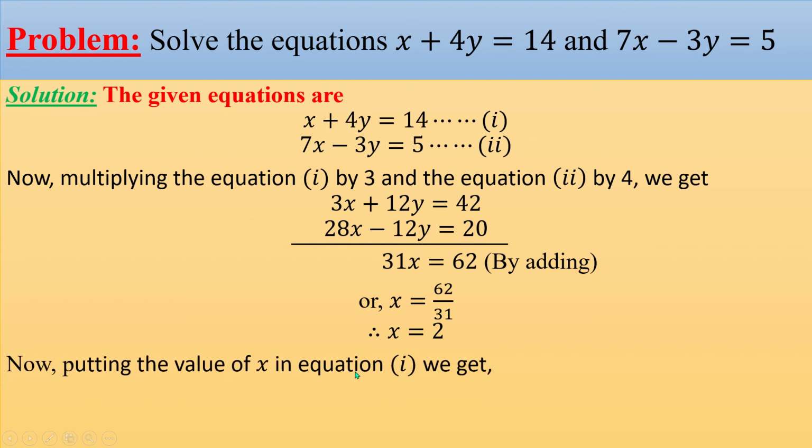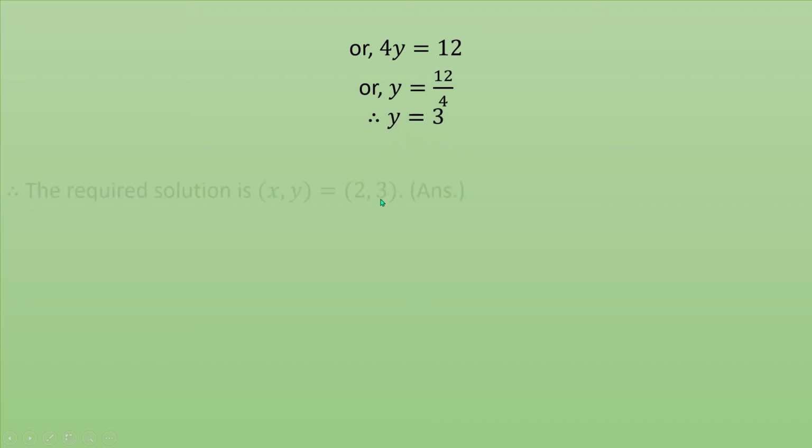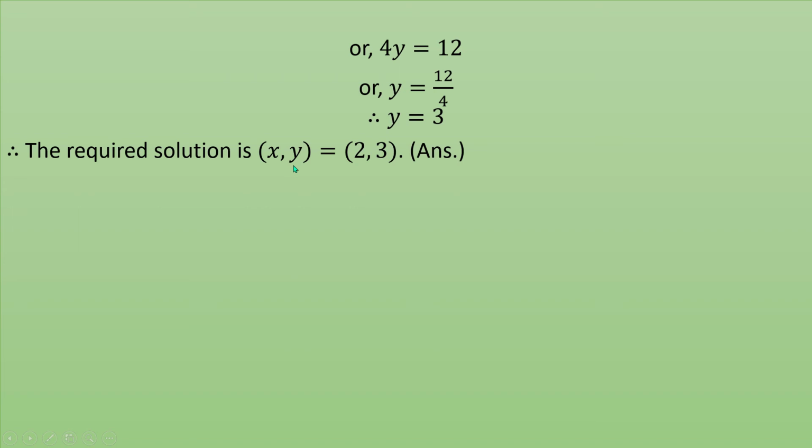Now putting the value of x in equation 1, we get 2 plus 4y equal to 14, or 4y equal to 14 minus 2, or 4y equal to 12, or y equal to 12 by 4, therefore y is equal to 3. Therefore the required solution is (x, y) equal to (2, 3). This is the required answer.